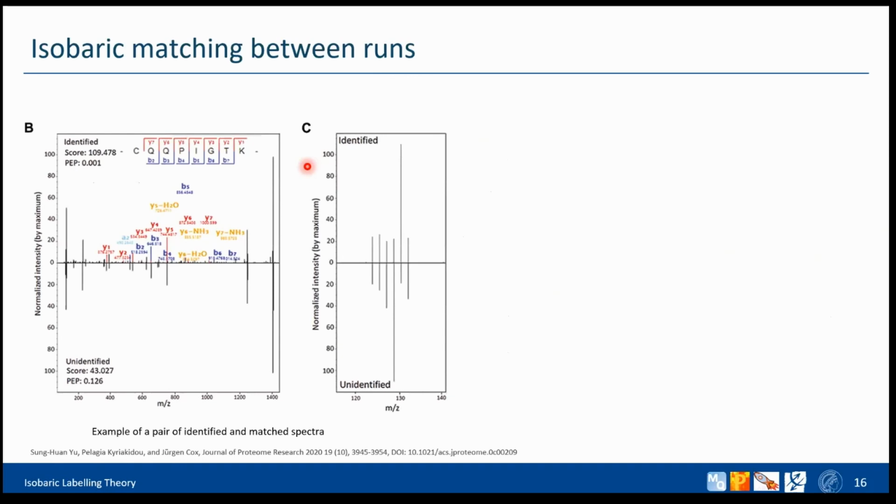For example, here in B, the upper one, this peptide was identified. It had a good Andromeda score, and this one and the other one had a bad score, and there was no identification, even though it's kind of obvious that they are similar. So this isobaric matching between runs now allowed us to also identify this one and then get the quantification in the reporter channel, which you can see here.